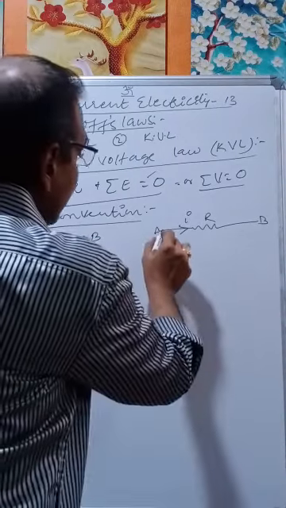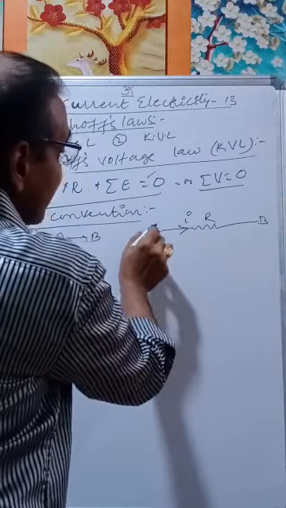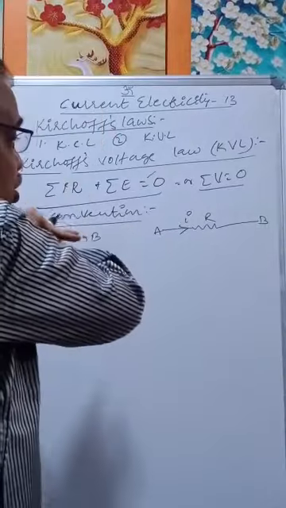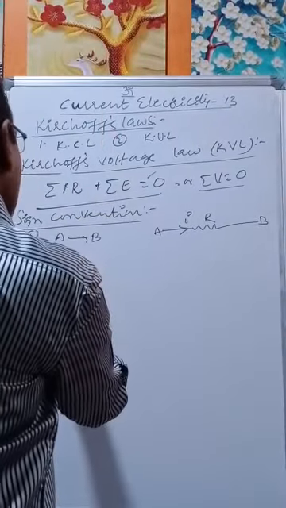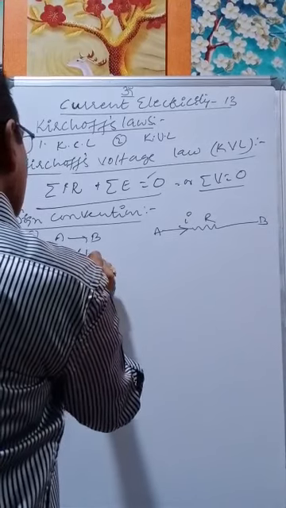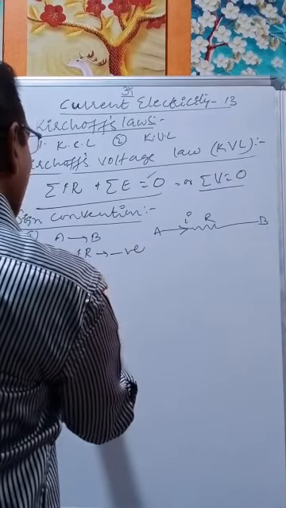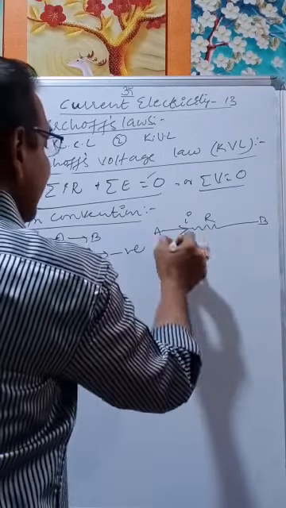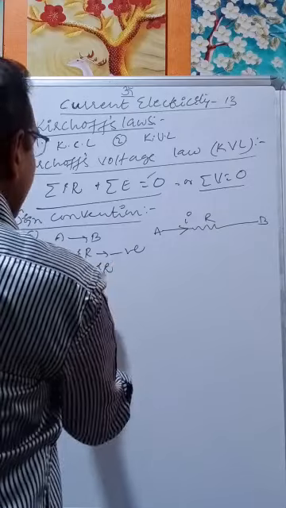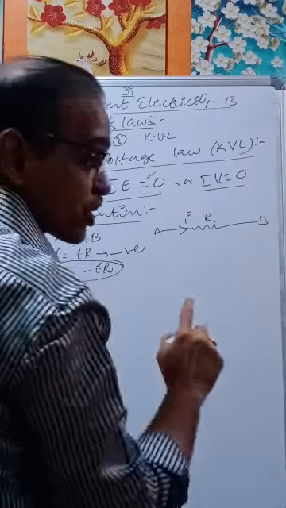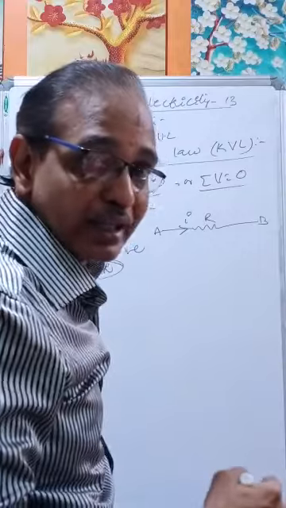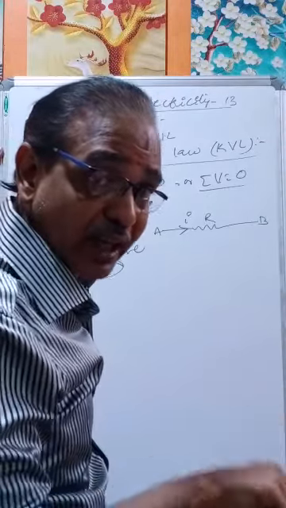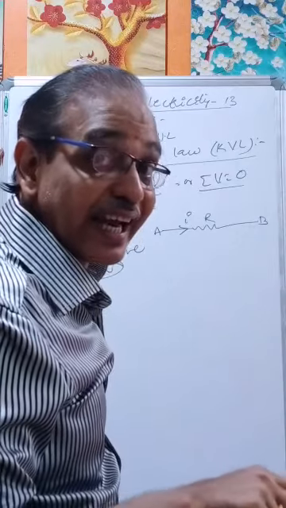If the current is in the direction of our motion, from A to B, then the drop across the resistor, V is equal to IR, is taken as negative. Therefore, this is taken as minus IR.